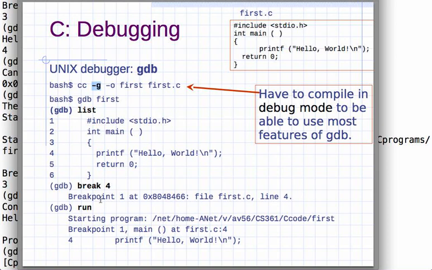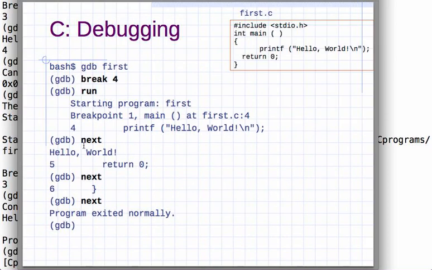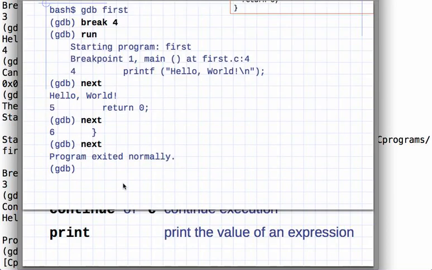Then once you do that and you run, it'll stop at the breakpoint, and then you can do next or continue or whatever. So try that out before you go ahead. Pause this video. Make sure that you can actually step through a simple C program.